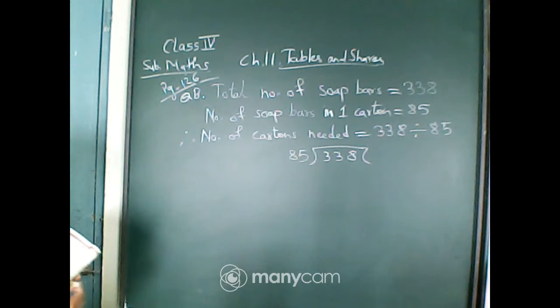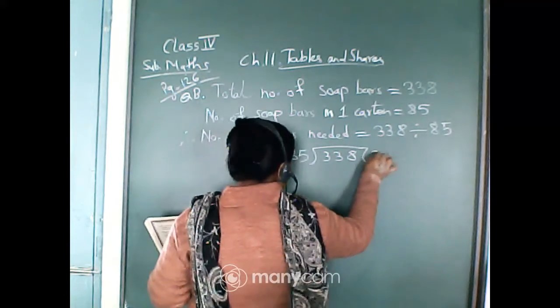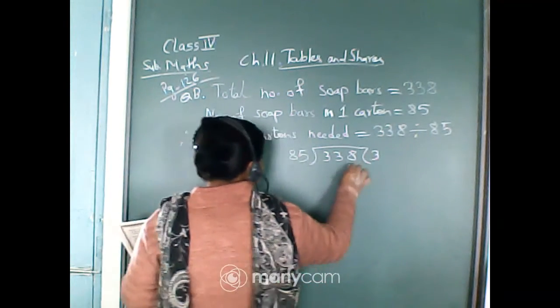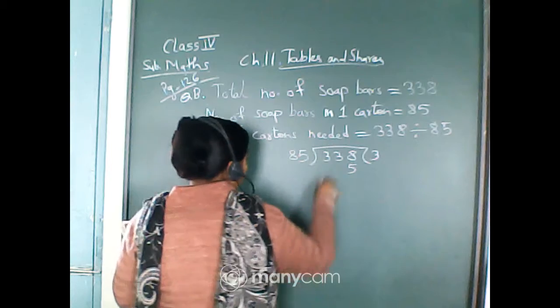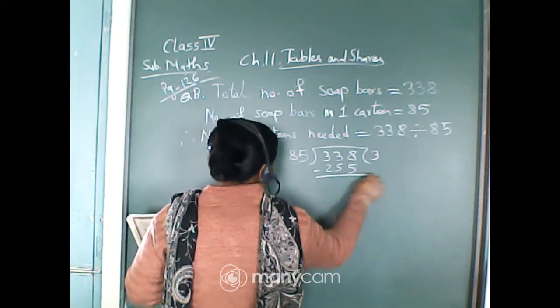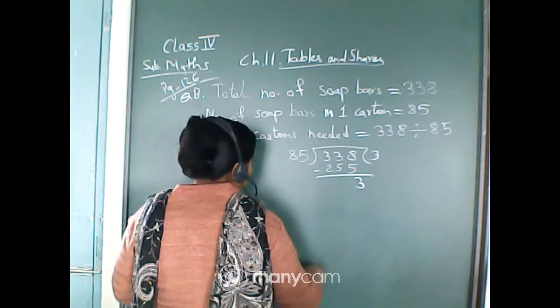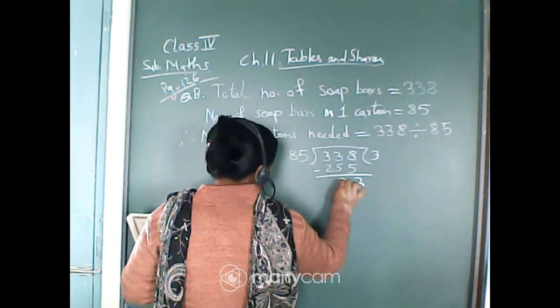It will be 3s, isn't it? 3 5s are 15, carry 1, 3 8s are 24, plus 1, 25. Subtraction, 3 and 8.